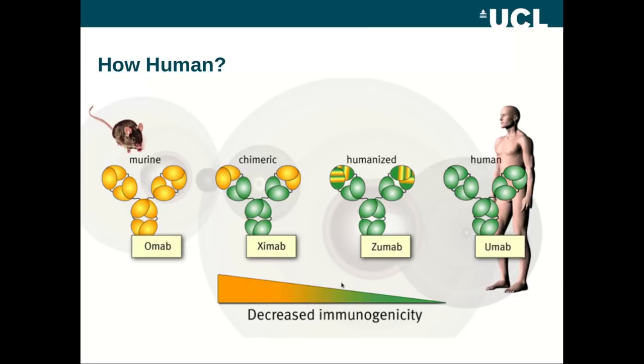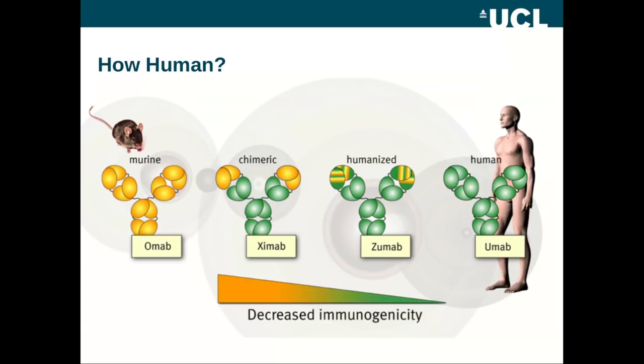Since April 2017, those names have no longer been used because although there's an assumption that a human antibody will be less immunogenic than a humanized antibody, which should be less than a chimeric and so on, less than a mouse, although on average that is probably true, it's not necessarily true for any particular individual antibody.